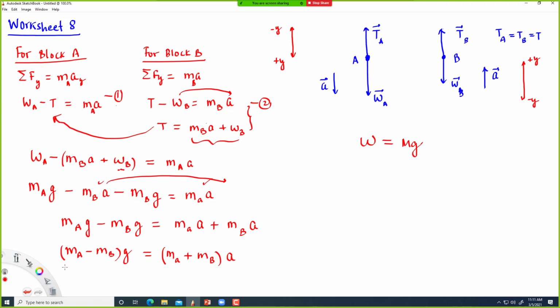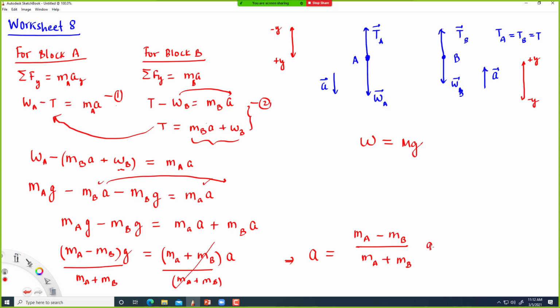Then divide both sides by MA plus MB. You can cancel MA plus MB on numerator and denominator. That gives us A is equal to MA minus MB over MA plus MB times G.